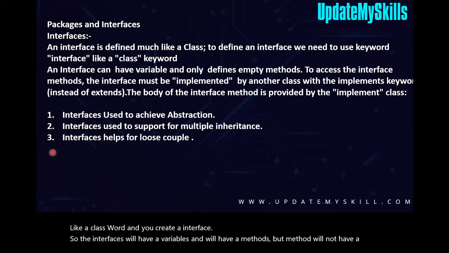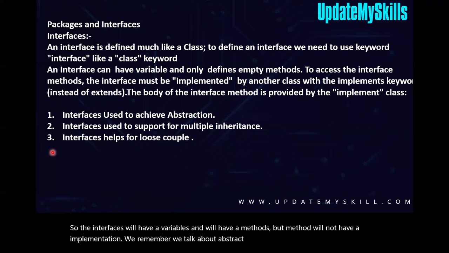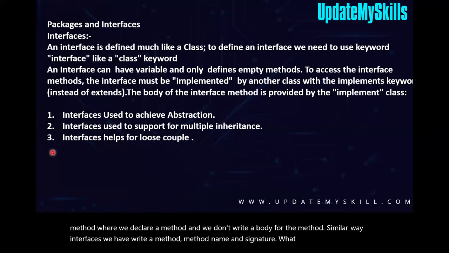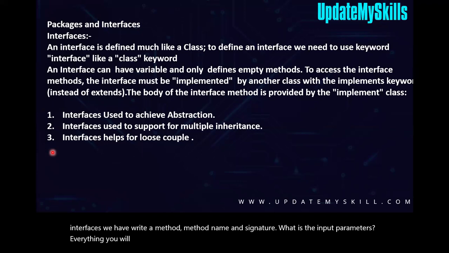We remember we talked about abstract methods. An abstract method is a method where we declare it and we don't write a body for the method. Similarly, in interfaces, we write a method name and a signature, the input parameters, everything, but we don't provide the implementation for the method.